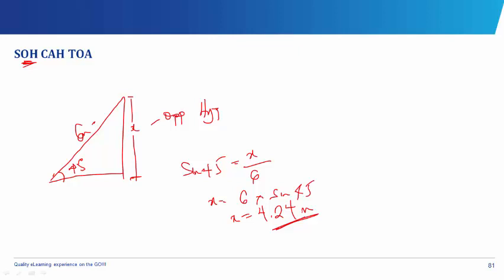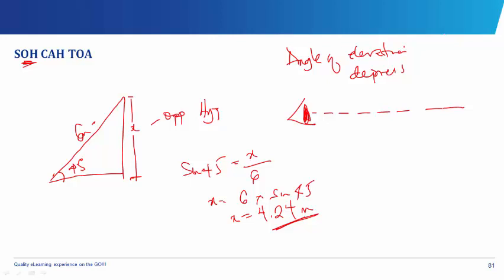Okay, now let's look at another concept called the angle of elevation and angle of depression. Now let's say this is your eye. Your normal sight, when you're looking, you look this way. Now anytime you look at a figure high up, that means your eye has to go up.